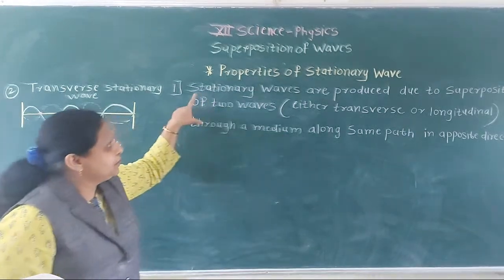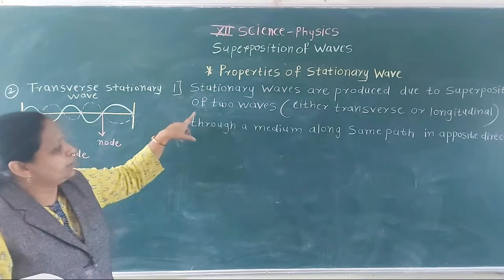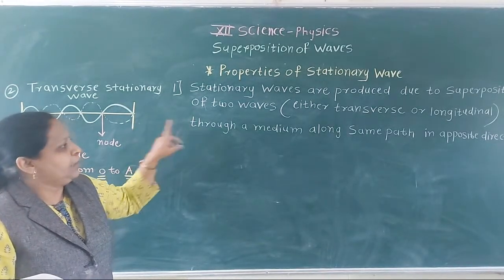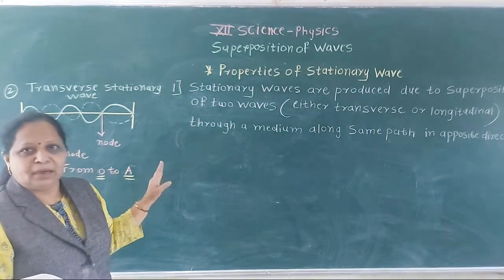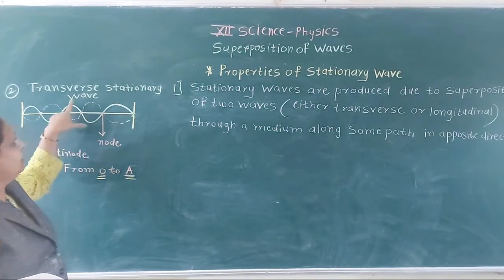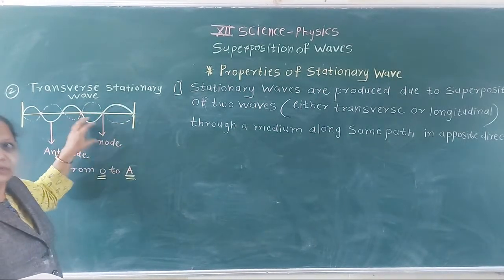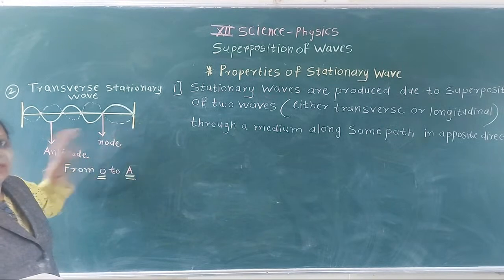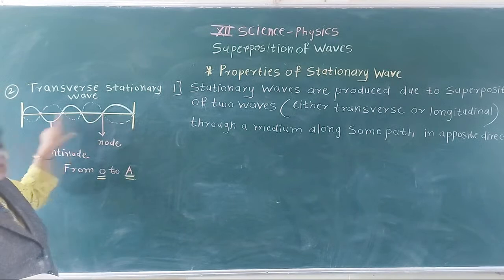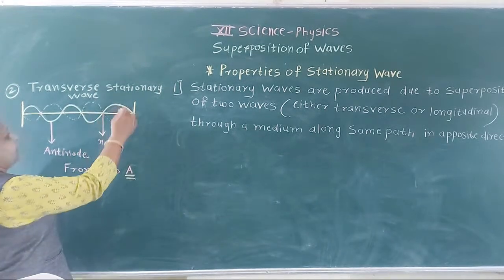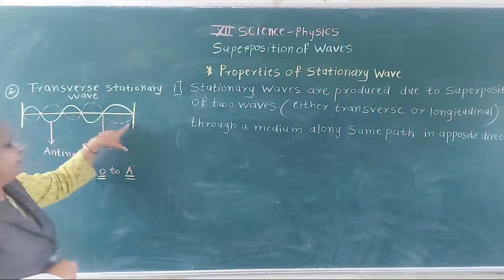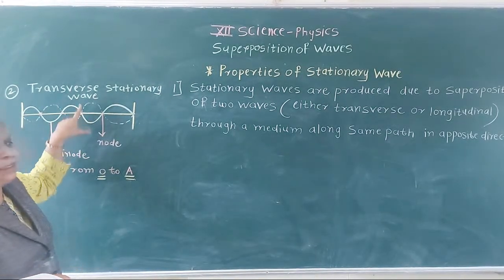First property is stationary waves are produced due to superposition of two waves, either transverse or longitudinal, through a medium along the same path in opposite direction. Now what is meant by transverse stationary wave? When two transverse waves superpose to each other or interfere to each other through a medium along the same path but in opposite direction, the resultant wave is known as the transverse stationary wave.